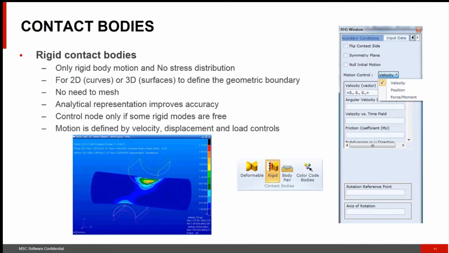In Patran, you can have the geometry, or you can bring in CAD geometry, or create the geometry and define it as a rigid body. Here I'm showing you how you can create it in Patran. There are several ways. One is to go under the rigid body form and do the create, or from the contact bodies group, you can simply click on rigid.